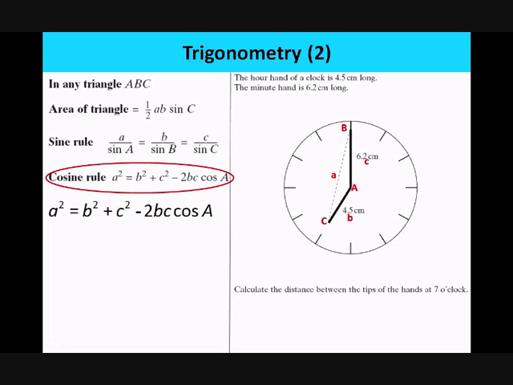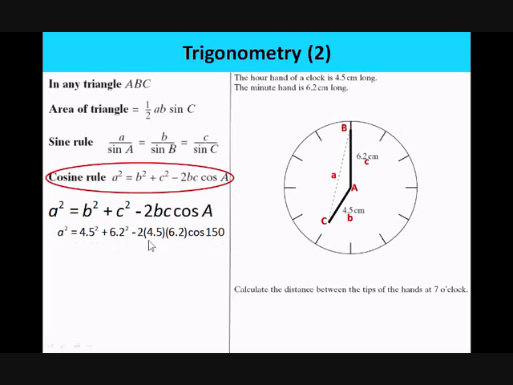Anyway, take that formula and put in everything we know. So 4.5 squared is b squared, because b is 4.5. Instead of c squared, c is 6.2, so I've got 6.2 squared, minus 2 times b times c, 2 times 4.5 times 6.2, times cos of A. A, remember, was 150 degrees, so I've got 150 degrees instead of A there.